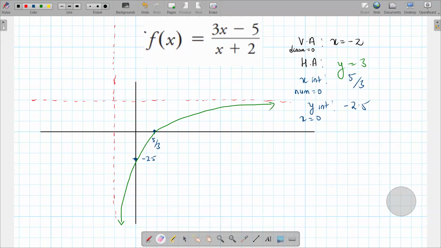Now, for the other side of the vertical asymptote, by the way, we can't be up here. Can you tell me quickly why? It has something to do with it being a function. What would happen if the other side was up here? Let's say it looked like this. What does this mean about f of x? Is it a function?